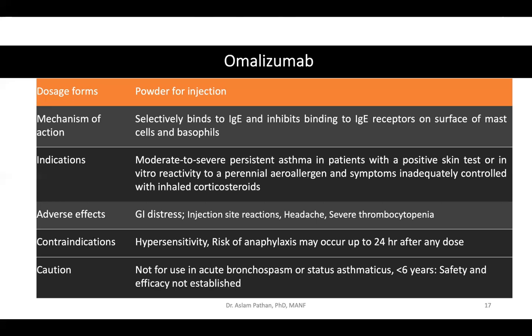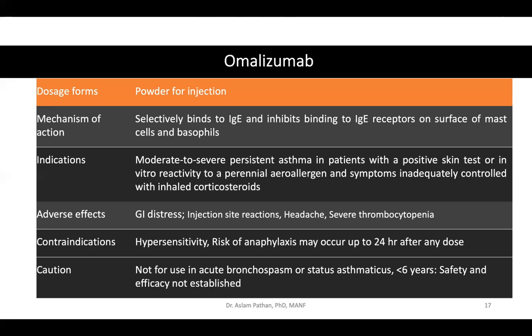Omalizumab is recommended for the patients in which the symptoms are inadequately controlled with inhaled corticosteroids and other bronchodilators. And omalizumab is generally indicated for the person who has allergy induced bronchospasm or asthma.